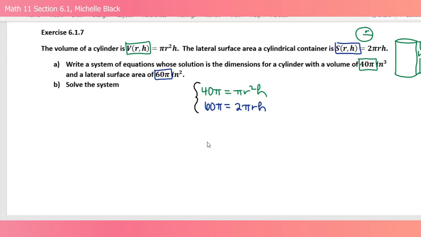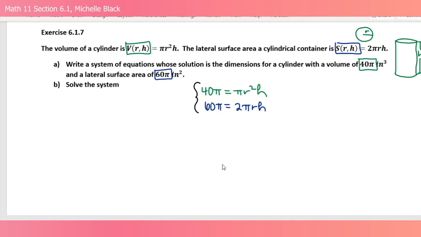Now this one's a little different than the ones we've been doing where we had nice lines, but you can still solve for one of the variables and then substitute it back into a different equation. So take a second and try this on your own. It may be a little frustrating at first, but give yourself time to think.